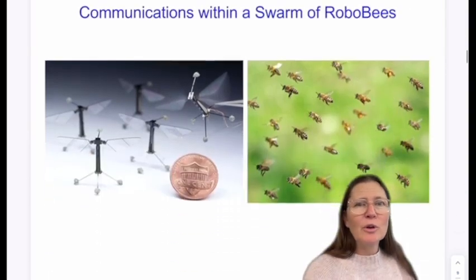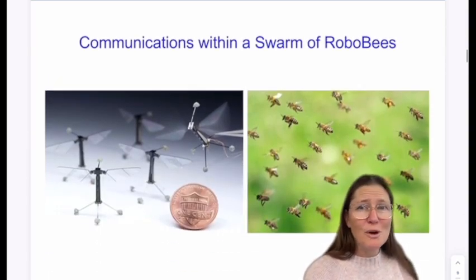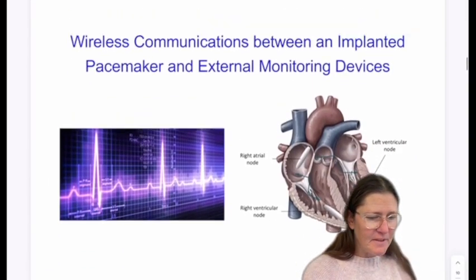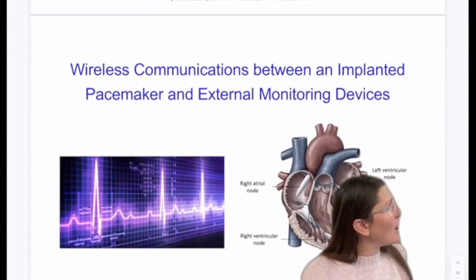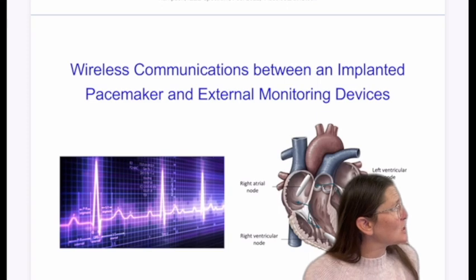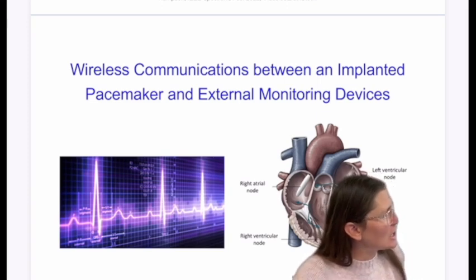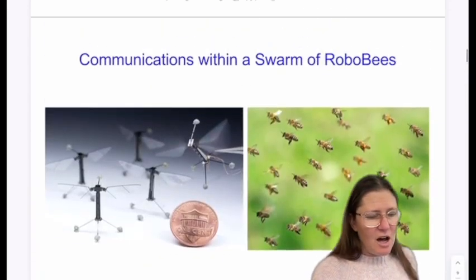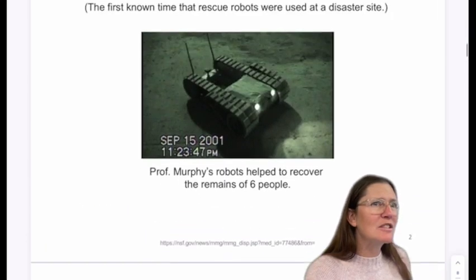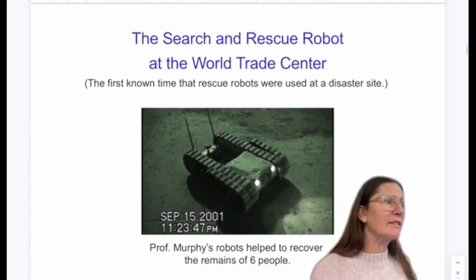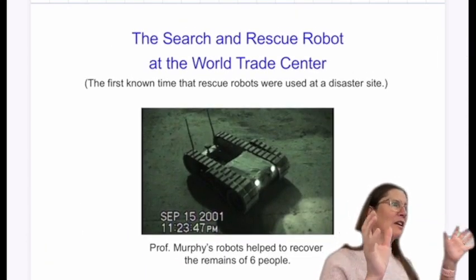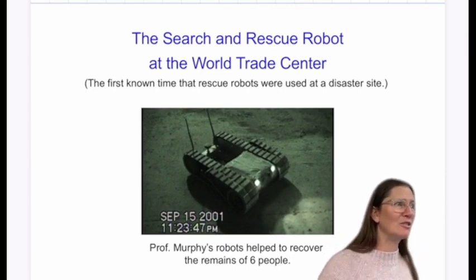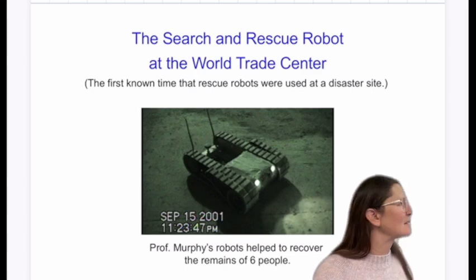and also the communication with the swarm of robo-bees. Also thinking about the wireless communication between an implanted pacemaker and external monitoring devices. All of these communications happen with a sending of signals that encapsulate the information, and then you send them through some means.